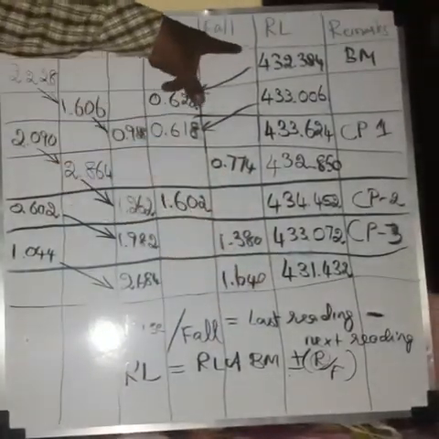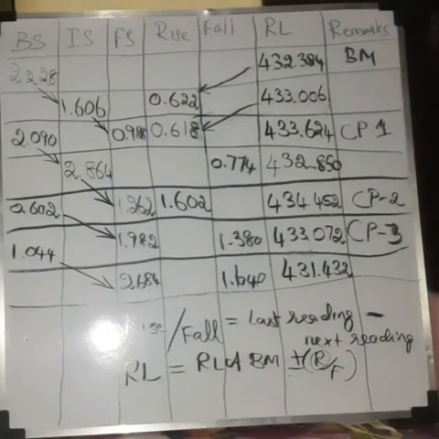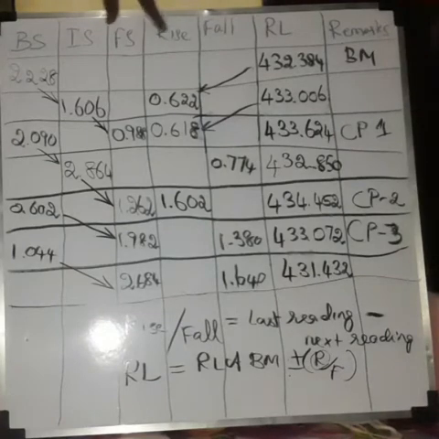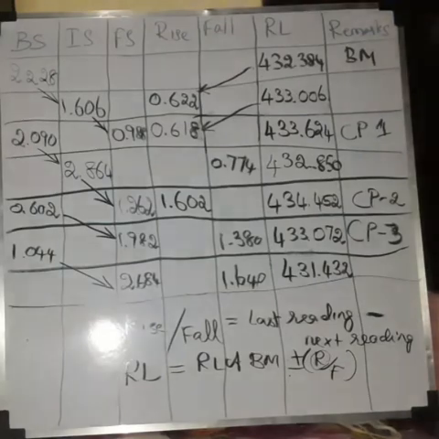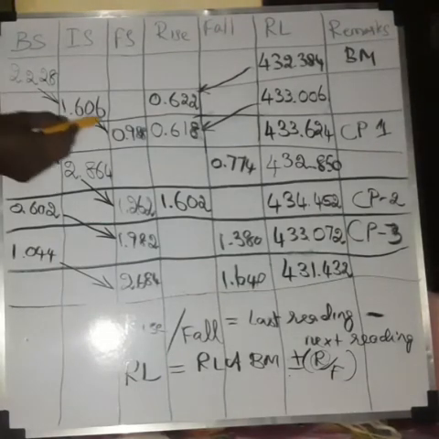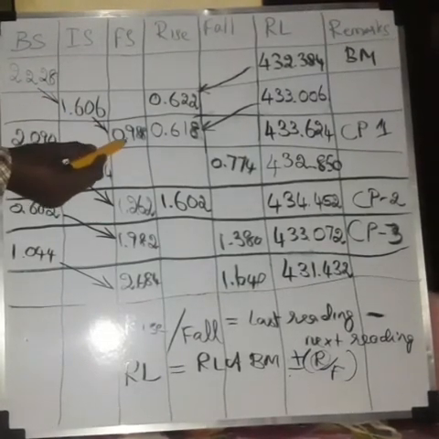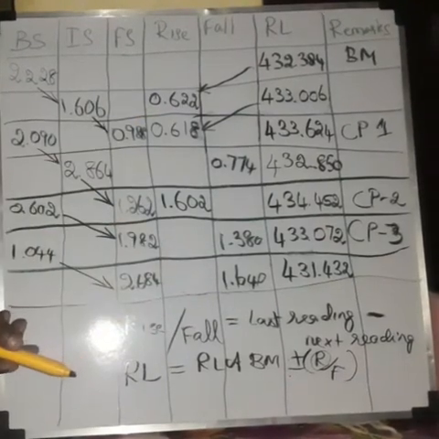So we found the RL of the given object by the rise and fall method from the given observation. The observation given here is 2.228. The observation is the first three. After the third reading, the instrument has been shifted.